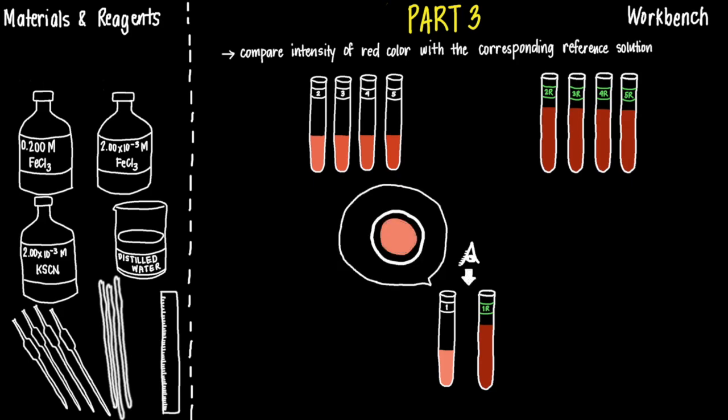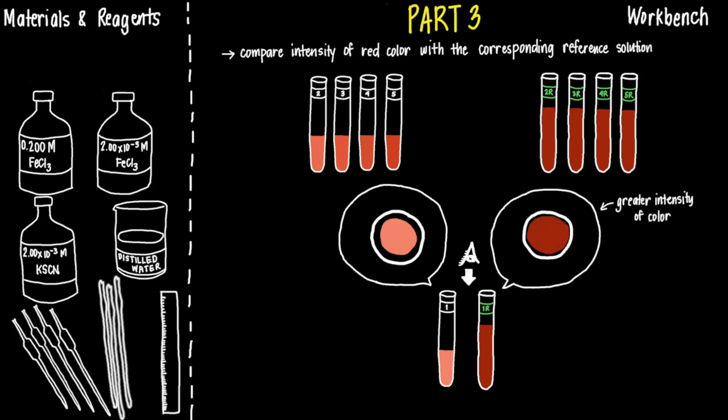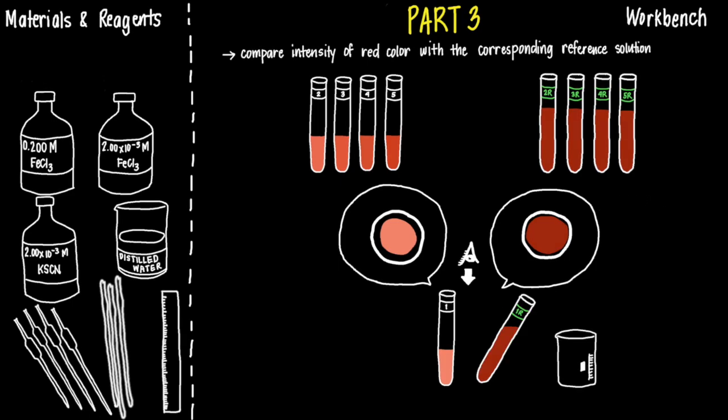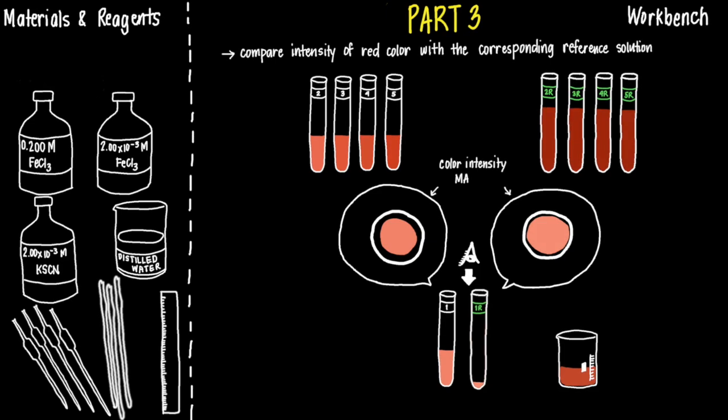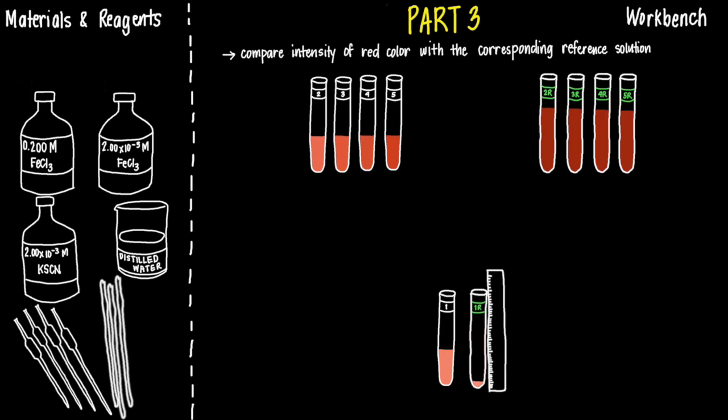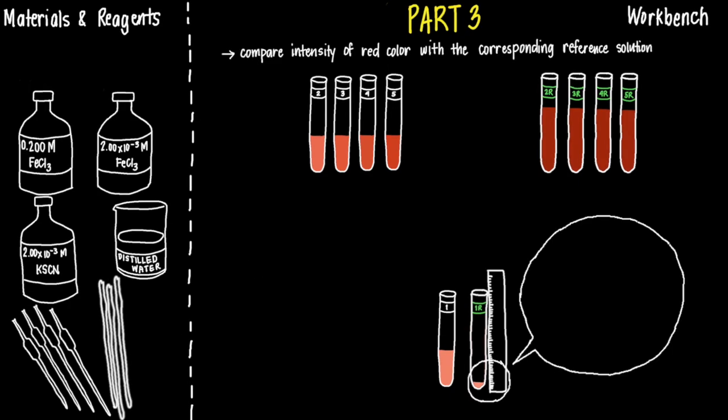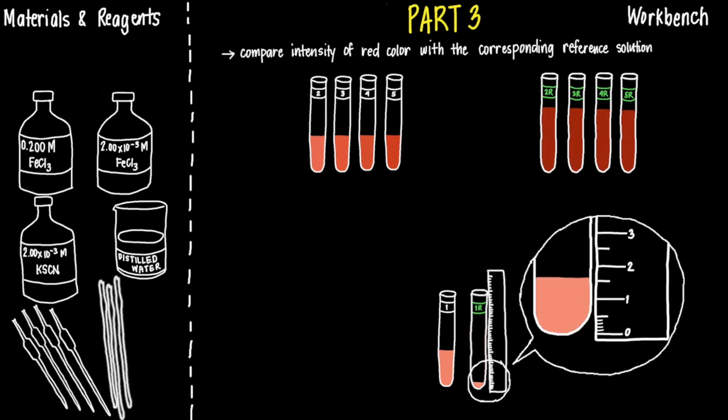Notice that the reference solution has a greater intensity in color than test tube 1. So we drain some of the reference solution into a beaker until its color intensity matches that of test tube 1. Measure the depth of the matching reference solution with a ruler and record the value.